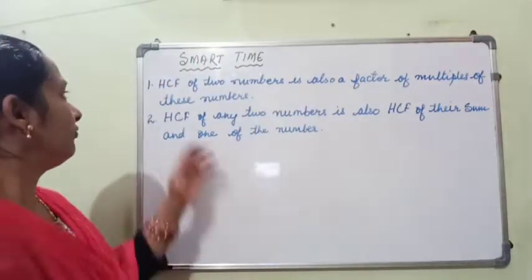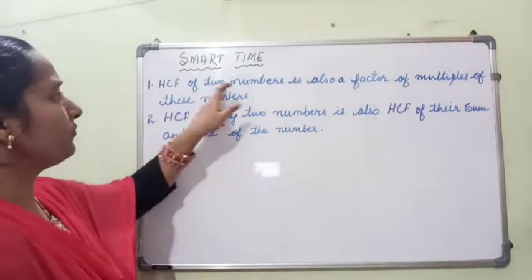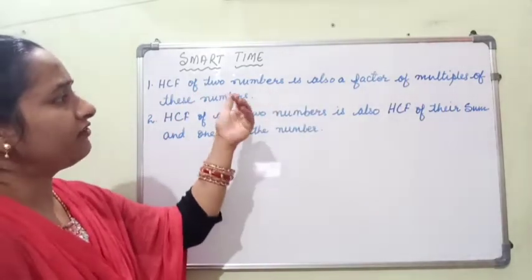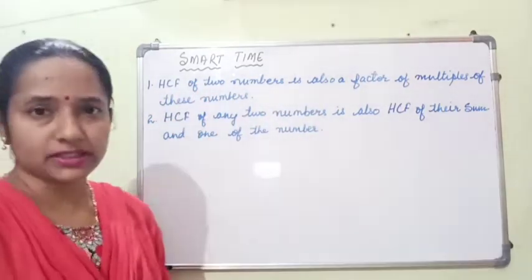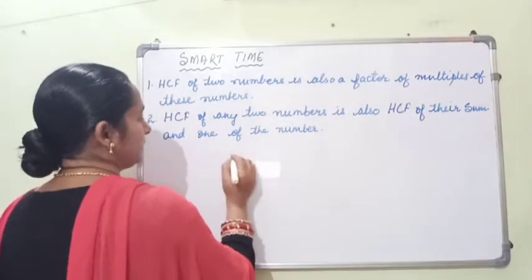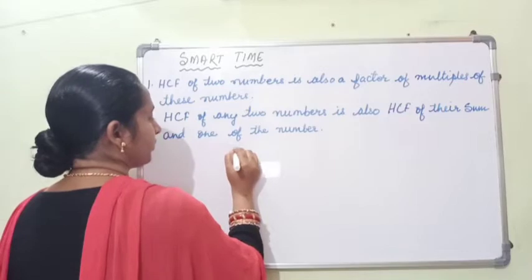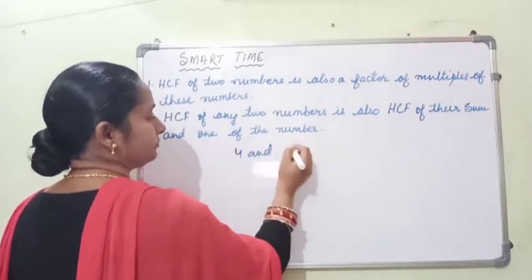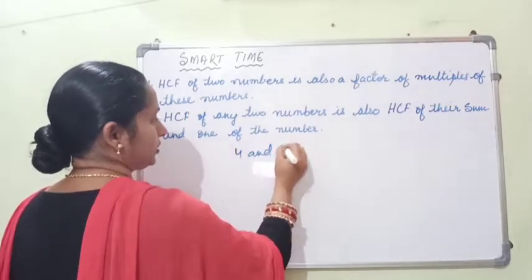For example, the first fact is given: HCF of two numbers is also a factor of multiples of these numbers. Let us consider two numbers, 4 and 8.